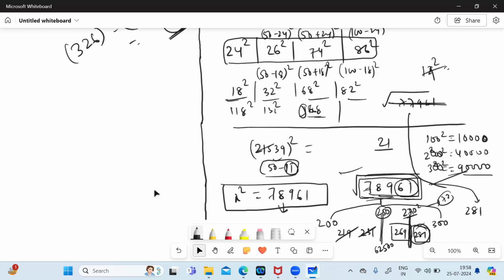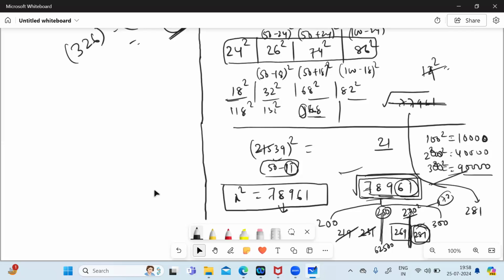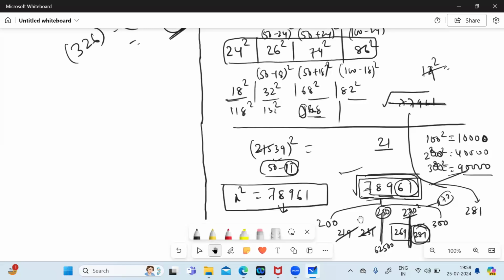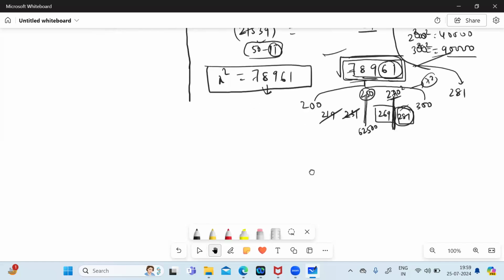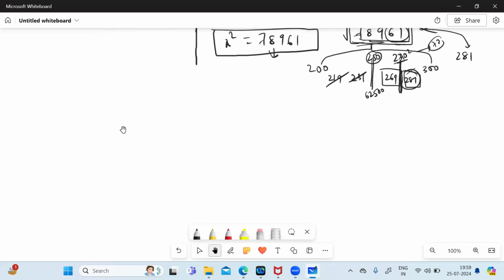Now let's come to the main goal of our lesson, which was finding the last two digits of any power of any number. The first thing I have already explained to you is that it doesn't matter what exists beyond the last two digits.